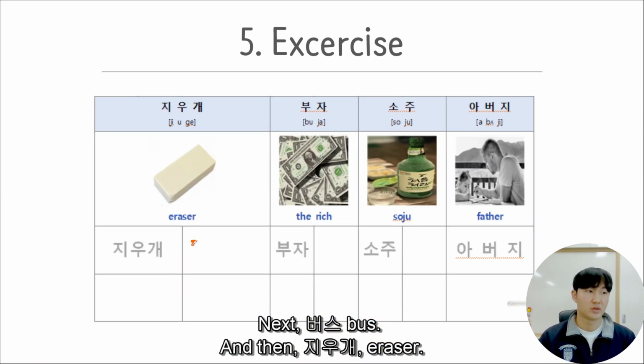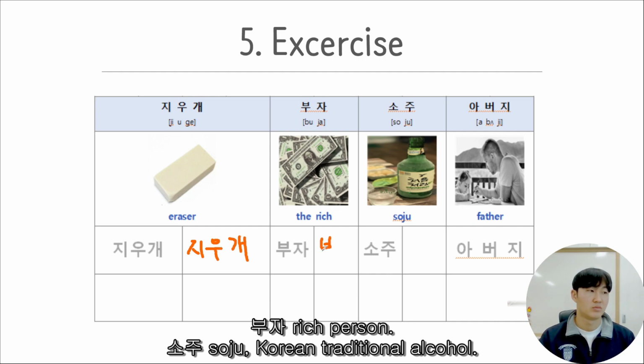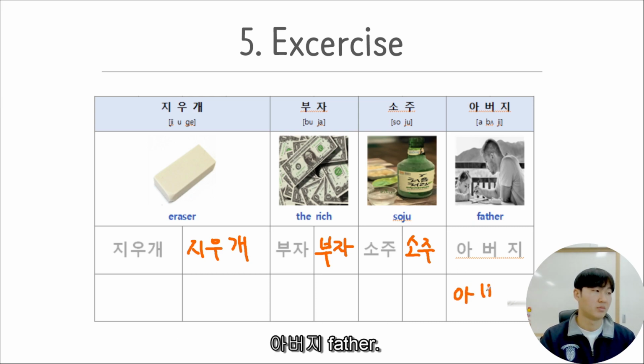And then, okay, eraser. 부자, rich person. 소주, Korean traditional alcohol. And 아버지, father.